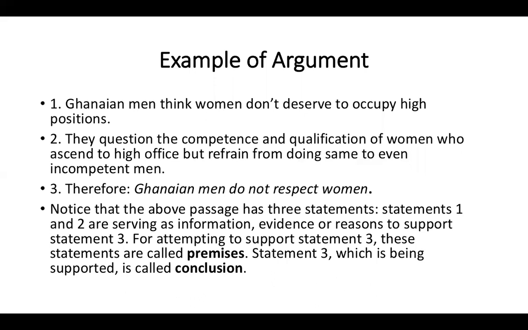So statements one and two contain information that supports statement three. So that's the first way of identifying an argument: you identify it by finding out the functions of the statements.